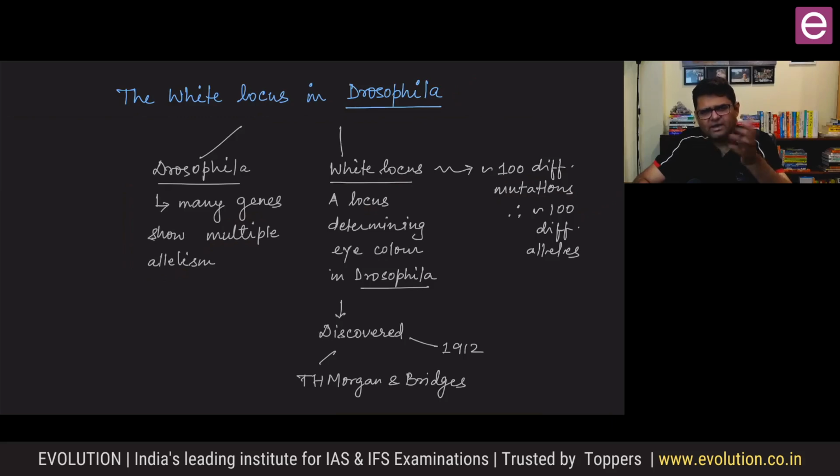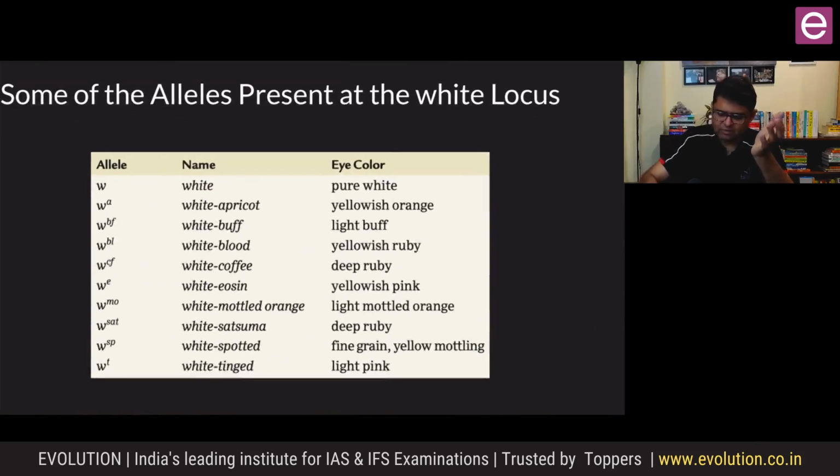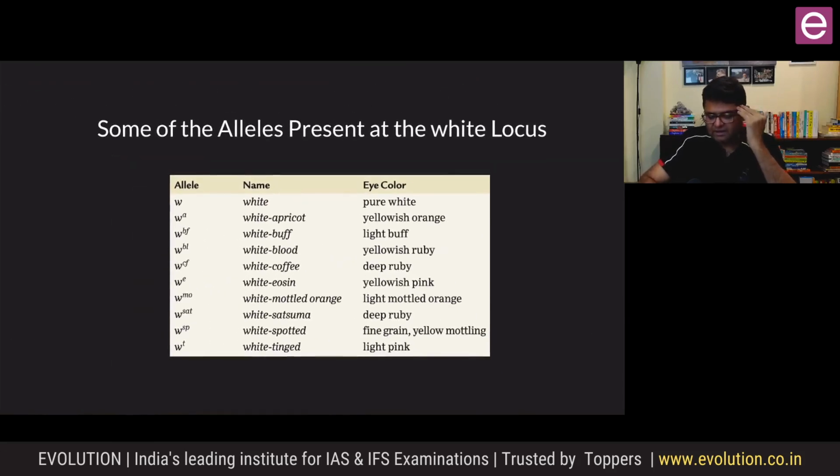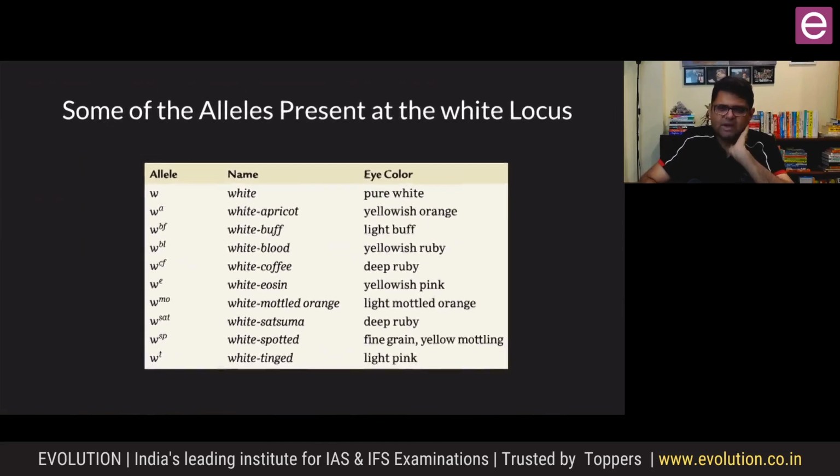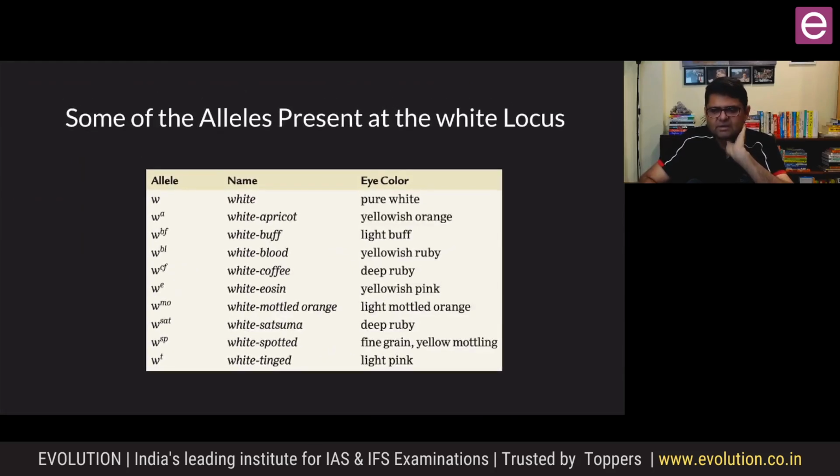And there is a huge variety. Out of them, some of the notable examples are these. You don't have to, and I would actually say you can't and you shouldn't try to remember all of these, but maybe 5 of them you would do well to remember. The W allele, where the eye color is totally white, no pigment comes into the ommatidia. So pure white.